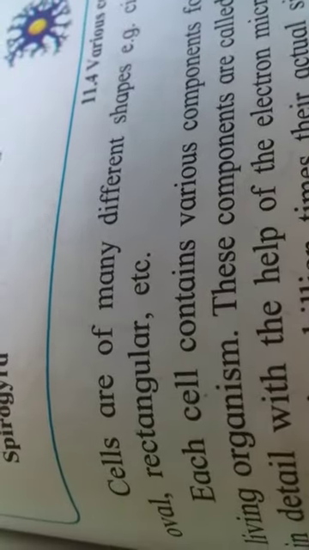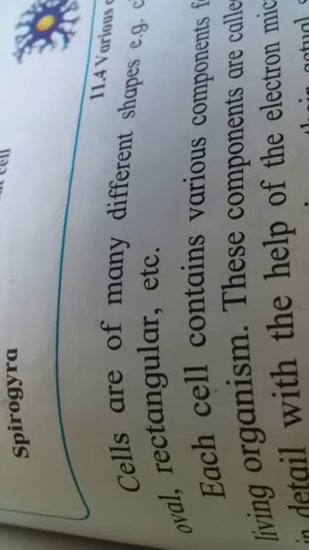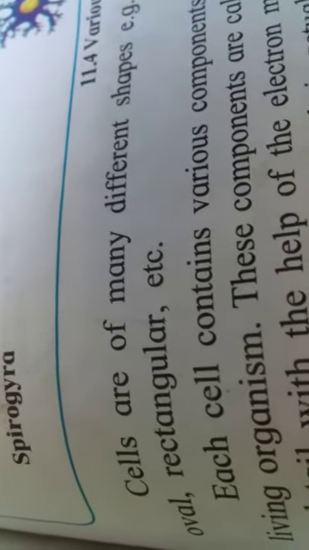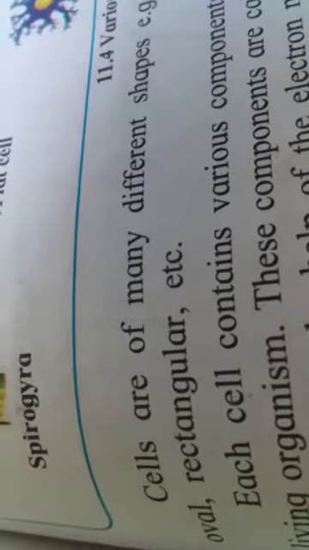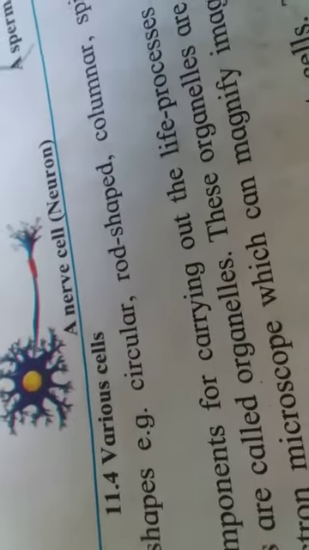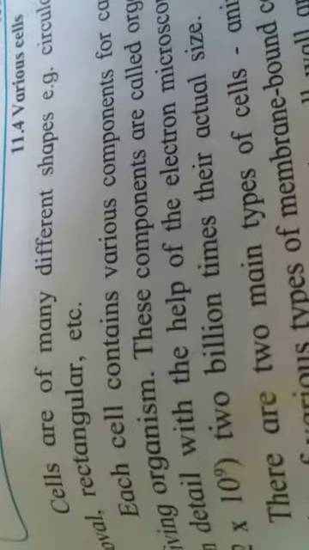Then see next one. Cells are of many different shapes. These cells are having different shapes. Examples, if you see there, circular, rod shaped, columnar, spiral, oval, rectangular. That means there are various types of cells.